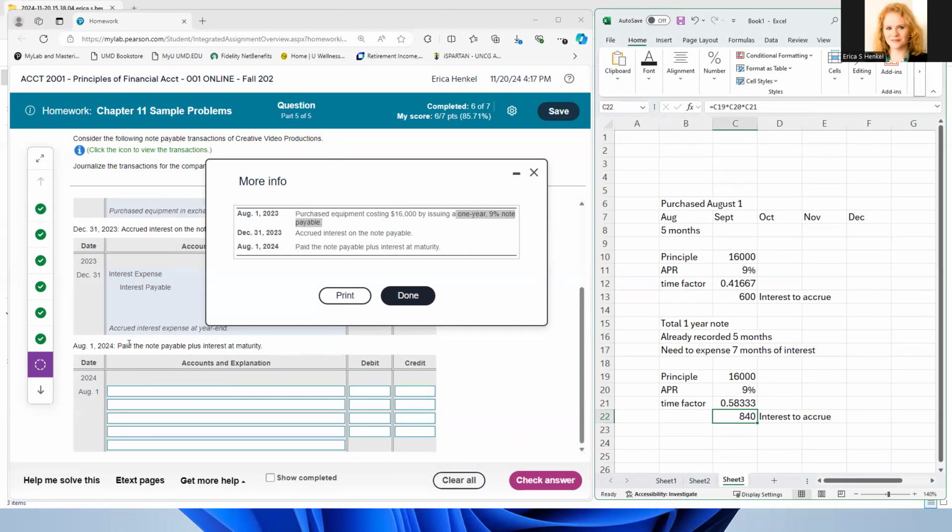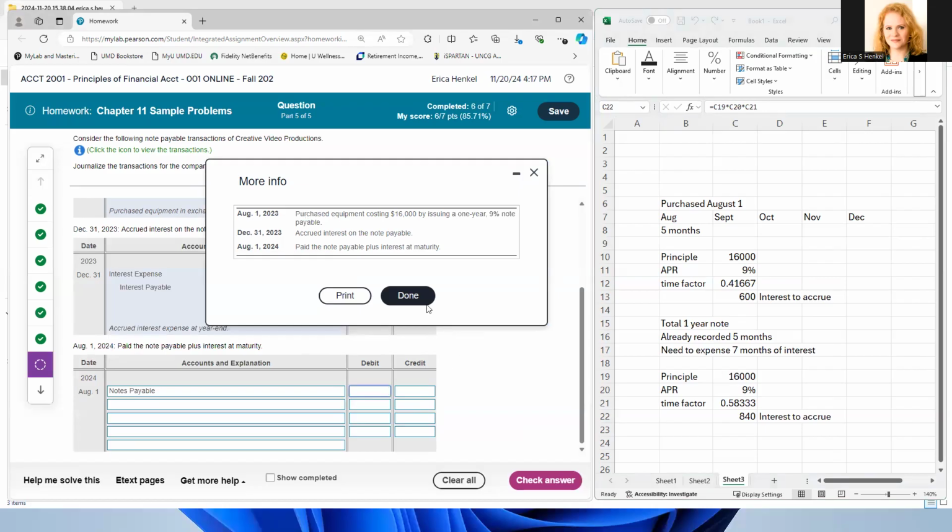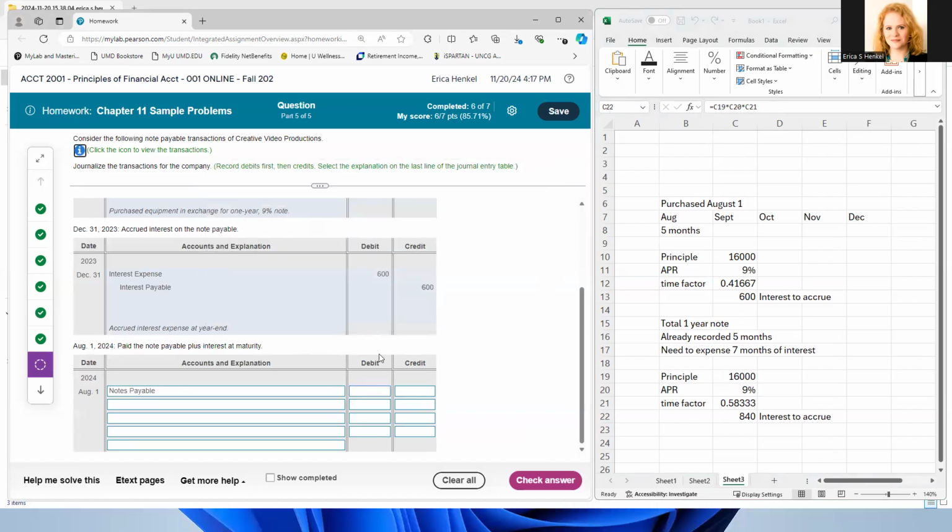But what we're going to do when we pay off the note, we have to debit the note payable to zero that out. So the initial note was $16,000, so we're zeroing that out. We need to zero out our interest payable we already recorded for $600. We need to record our additional interest expense, which is going to be a debit for the 840 we just calculated.